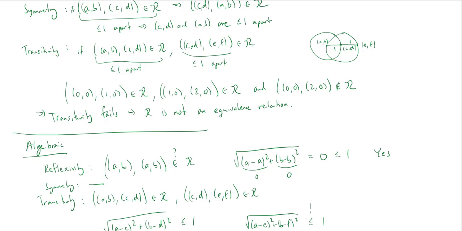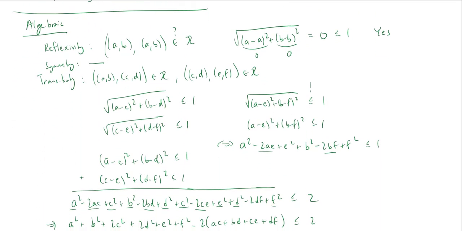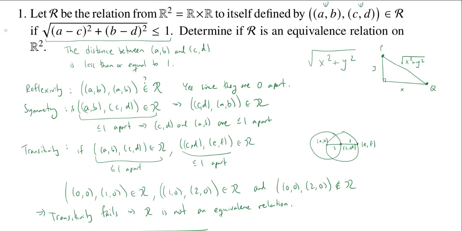So the algebraic approach, of course, isn't going to fail you for the reflexivity and the symmetry. The transitivity, you just get stuck. But in all these cases, do you notice, once you have this nice interpretation in terms of distance, does this just get a lot easier, a lot more conceptual, and it's easier to put together an example.